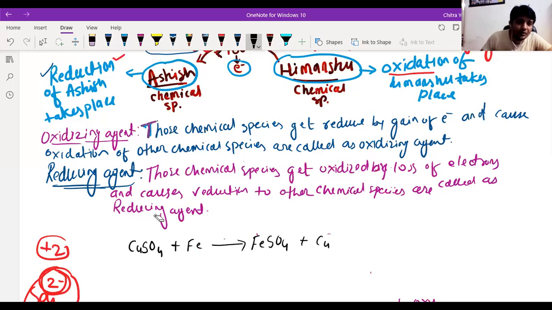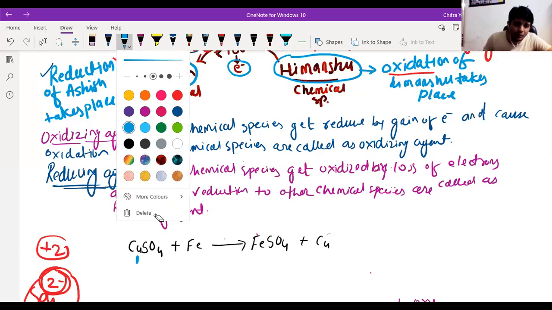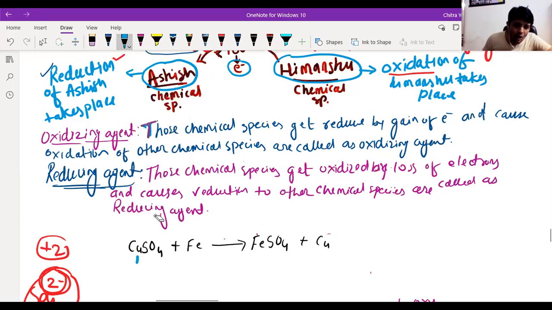Okay, so what is happening here? See, copper on the reactant side has 2+ charge. Here the charge is 2+ and here the charge is 0. That means copper, when moving from reactant to product side, gains electron.